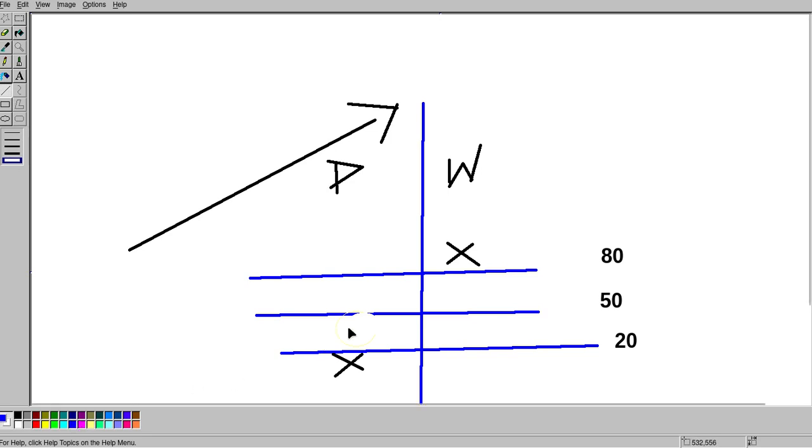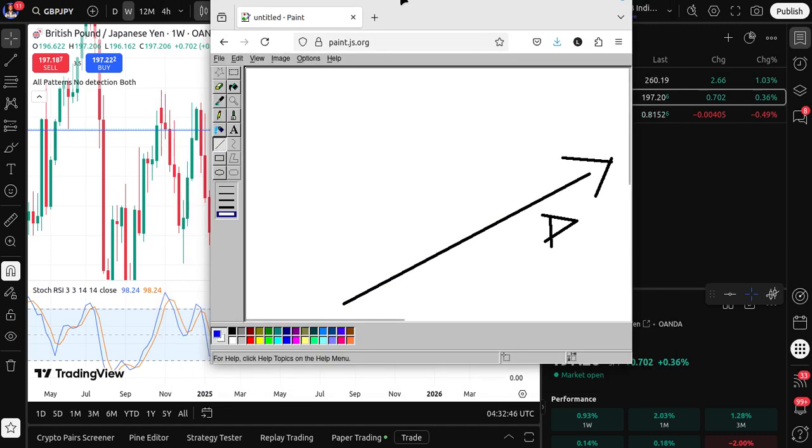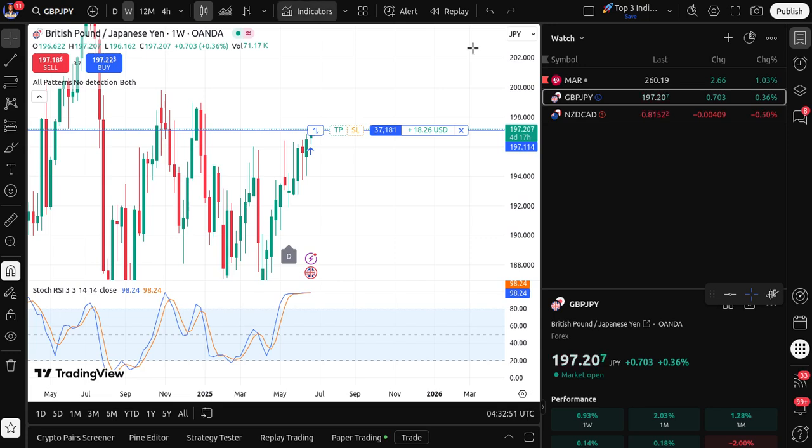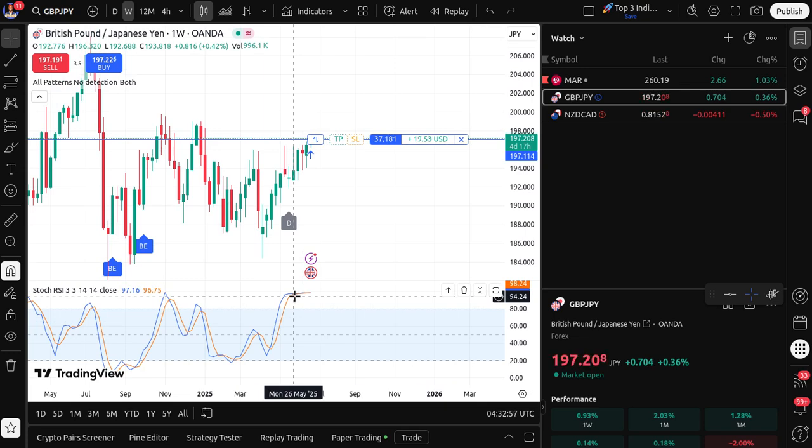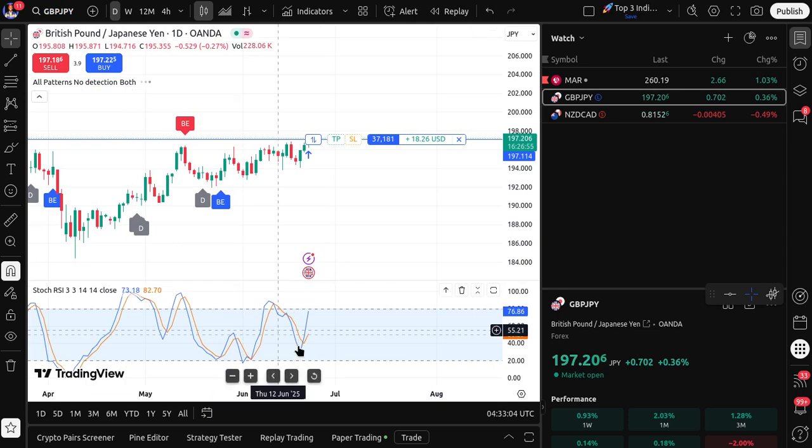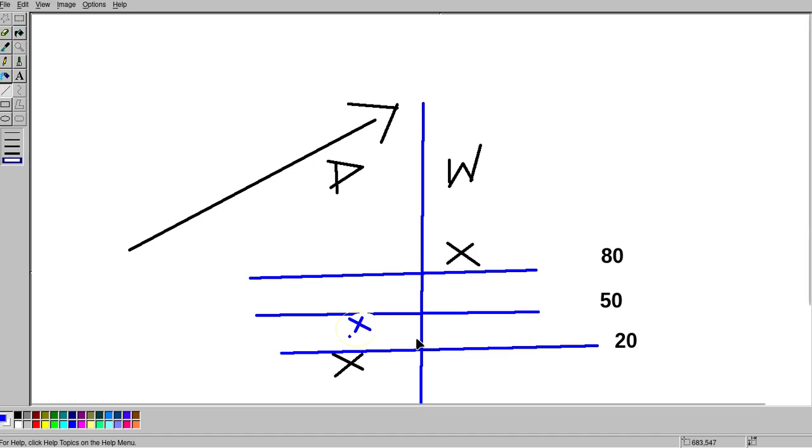So sometimes it will happen right here, sometimes somewhere in that range, and this is exactly what happened with this one here. On the weekly chart pattern, on the reversal, it happened right here, and then it happened right here on the daily chart pattern. That's the first school of thought.